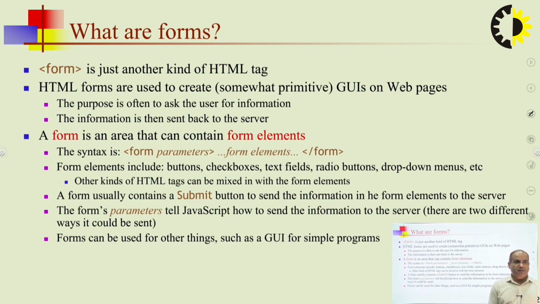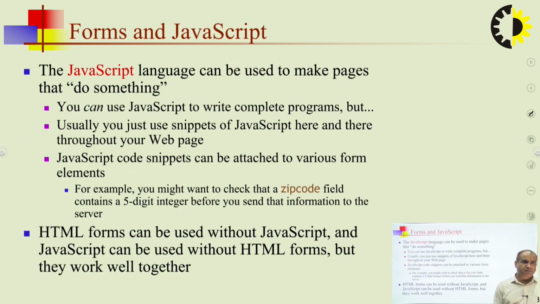So, the form parameter tells JavaScript how to send the information to the server. There are two different ways it can be sent. Forms can also be used for other things such as a GUI for simple programs.